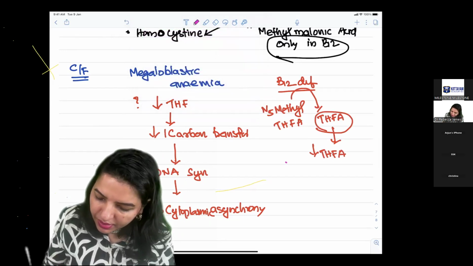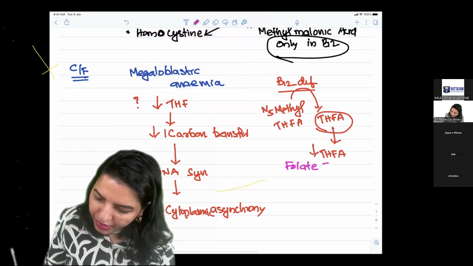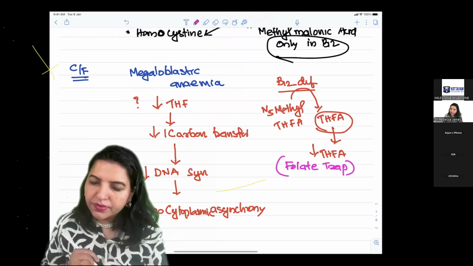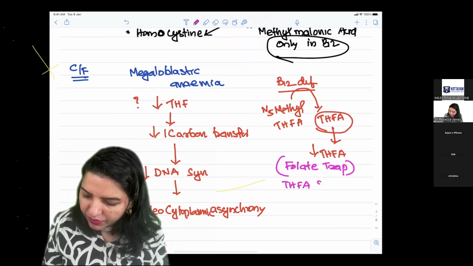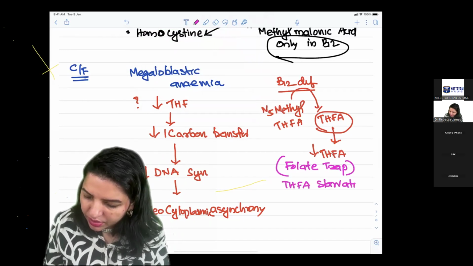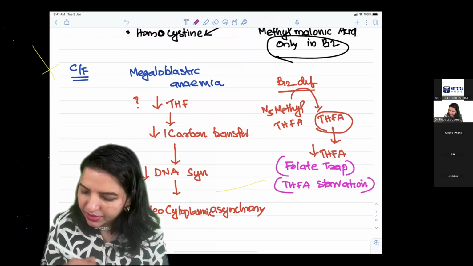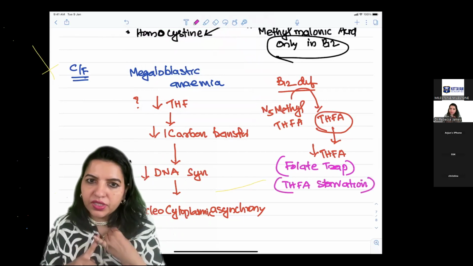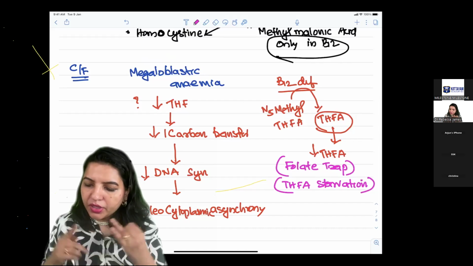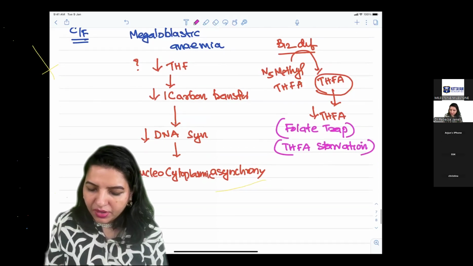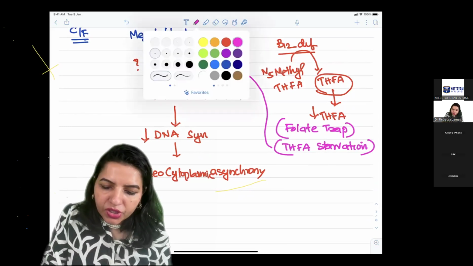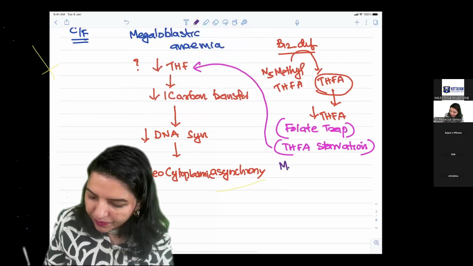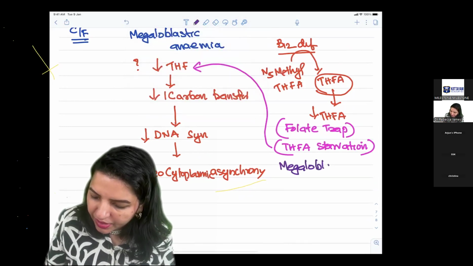This is called folate trap, or THFA starvation. This name is given in Harrison. So what will happen? The same thing. So what is the clinical feature of B12 deficiency? Here also we can get megaloblastic anemia.